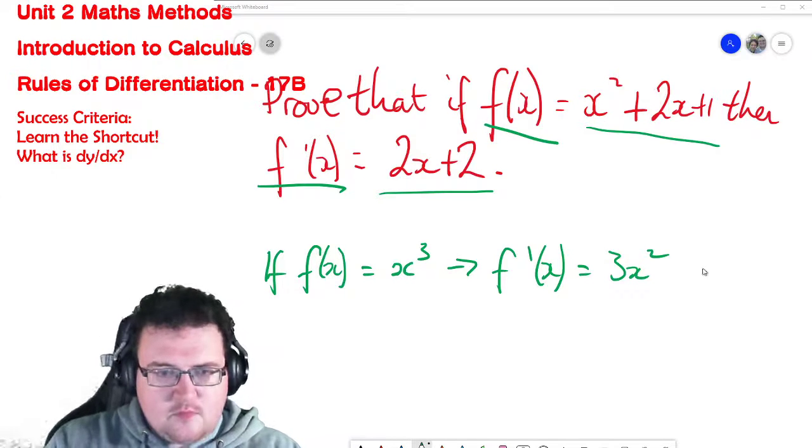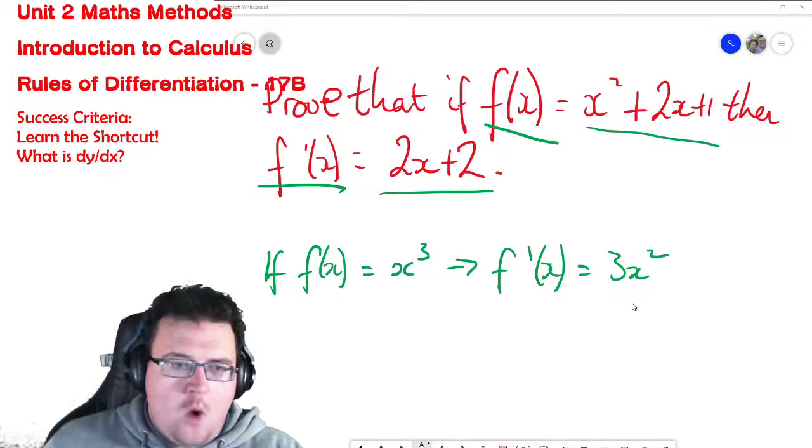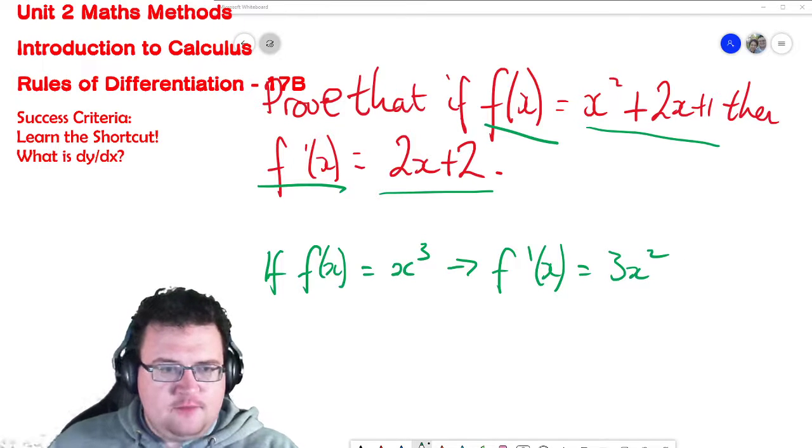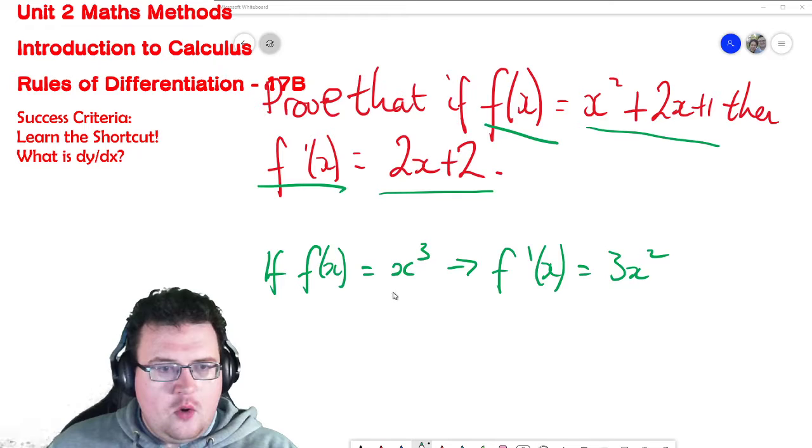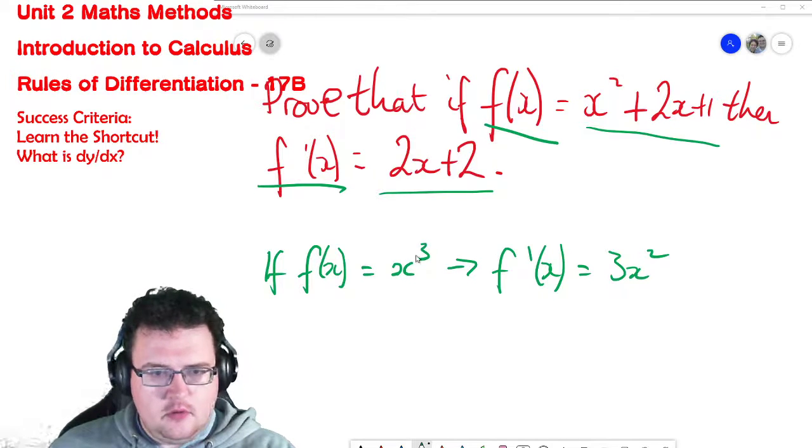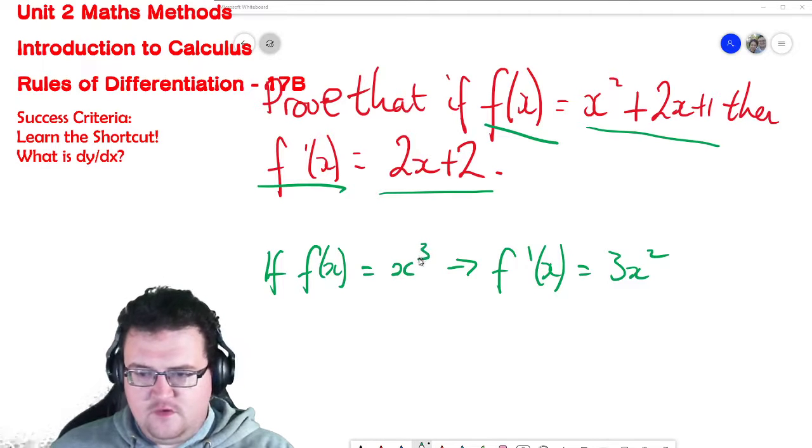So looking at this one here, where's that 3 gone? There's the 3 here. Where's that 3 moved to?